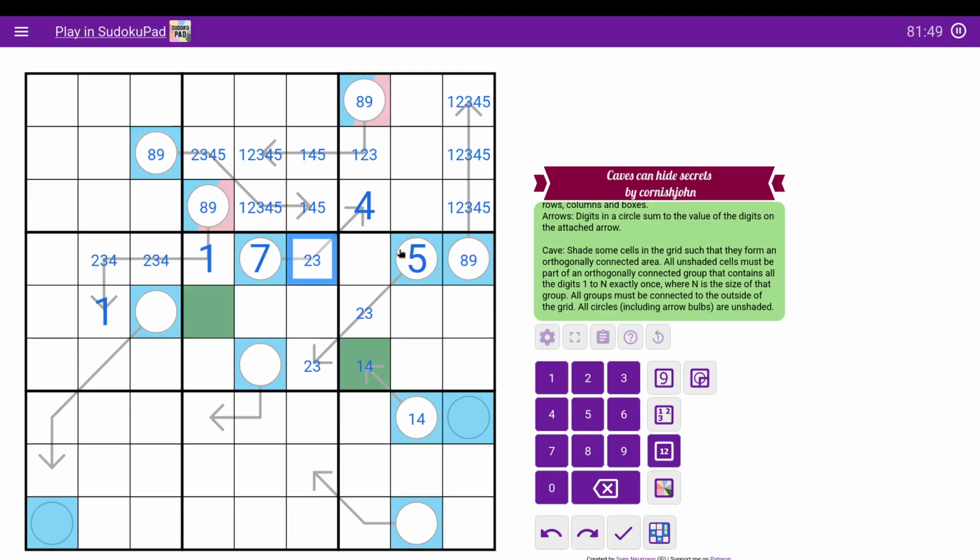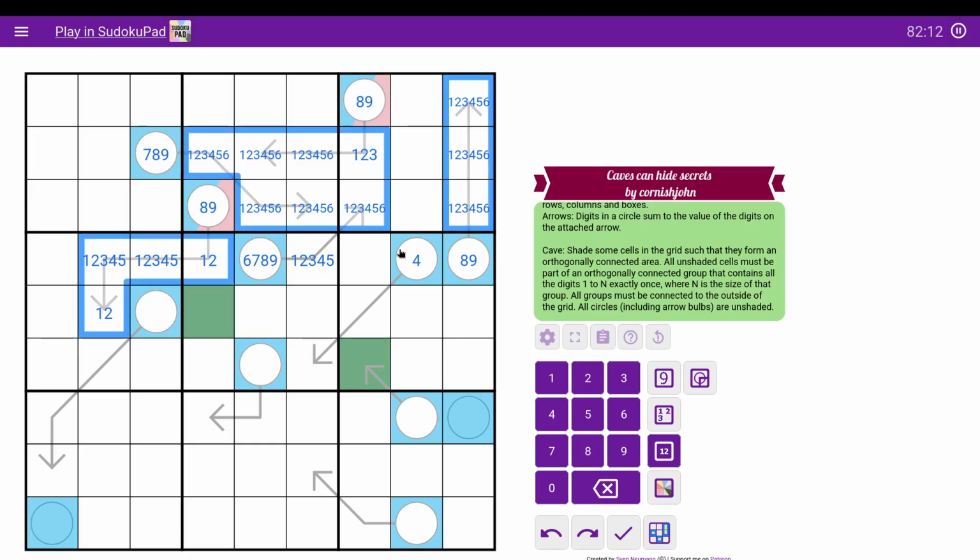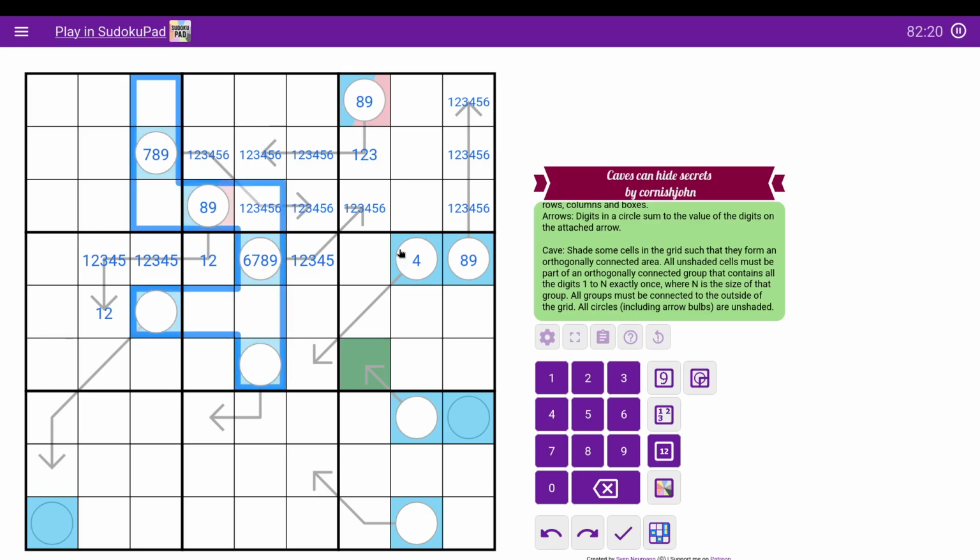So maybe I didn't get a contradiction earlier when I assumed those are both 9. Let's put those back just in case that was an error. Yeah, I'll put that. Yeah, okay. Pencil mark that. Okay.